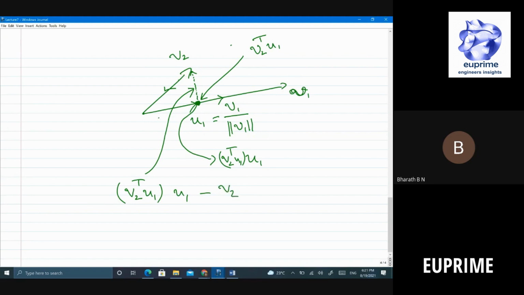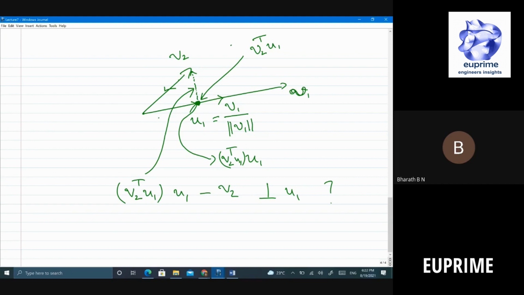Now this is the vector that we get, but is it orthogonal to u1? How do you find that? You have to take the inner product, or dot product in this case. u1 transpose times this gives me the answer: u1 transpose u1 minus u1 transpose v2. You agree? Is this correct? Did I make any mistake?